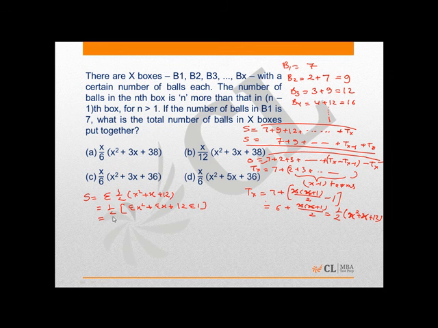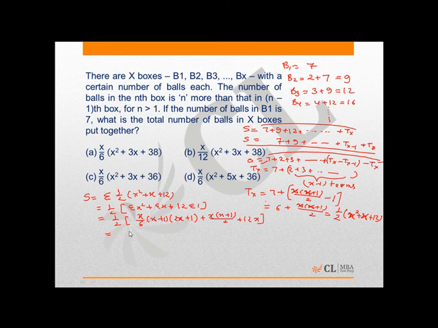and we know that sigma x square is nothing but the summation of squares of natural numbers, which is x upon 6 into x plus 1 into 2x plus 1, plus sigma x, which is x into x plus 1 divided by 2, plus 12 times sigma 1, which is nothing but x.